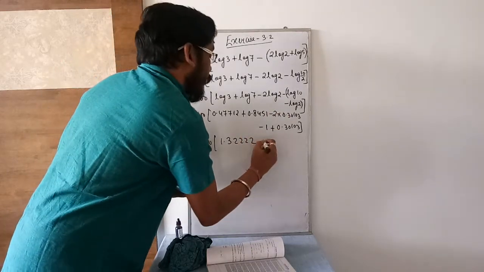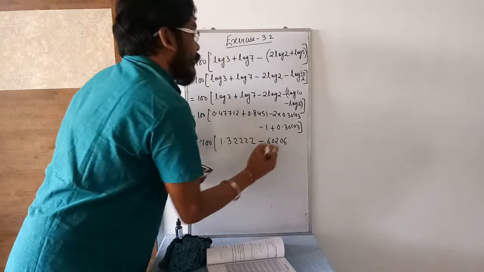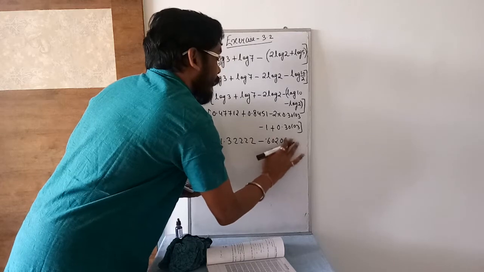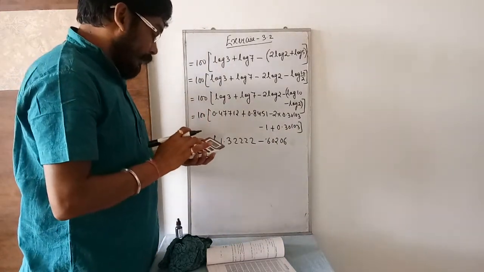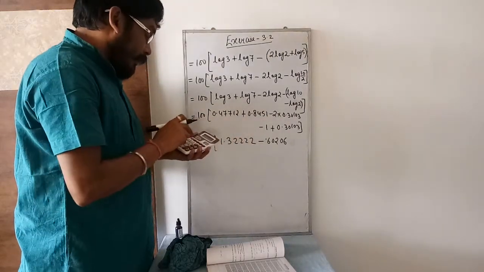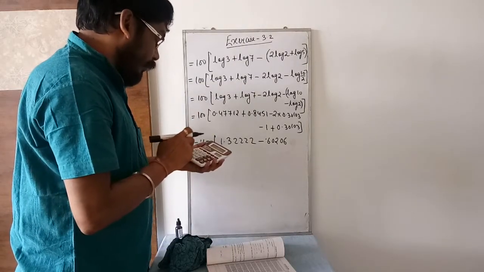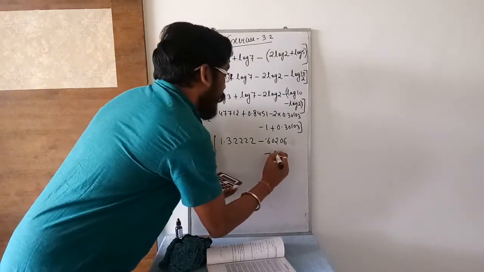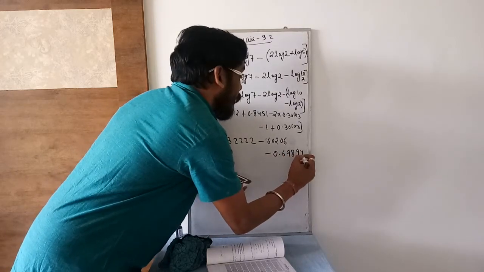If you multiply 2 by 0.30103, it will be 0.60206. Then minus 1 plus 0.30103, that is 1 minus 0.30103, you will get minus 0.69897.